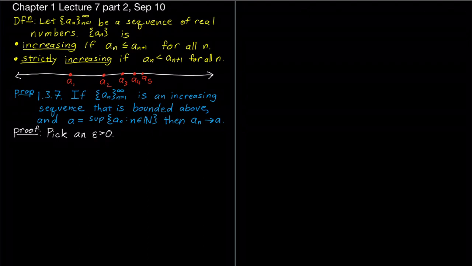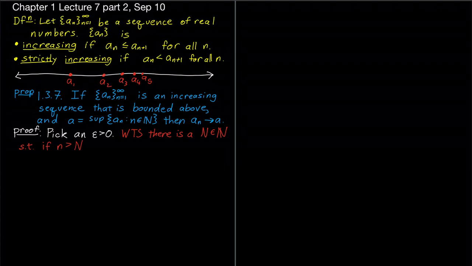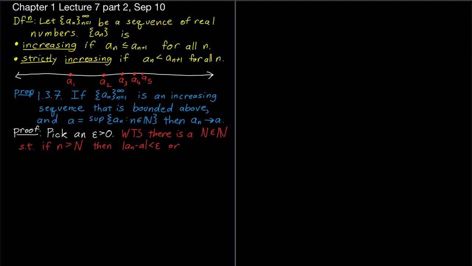And then our goal, what we want to show, is that there is a natural number capital N such that if n is bigger than capital N, then an minus a is less than epsilon, or we can write this condition another way: a minus epsilon less than an less than a plus epsilon.